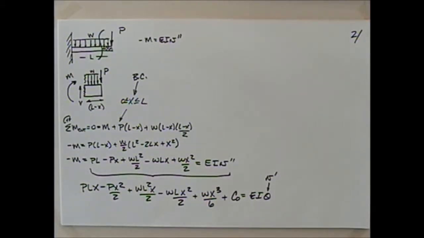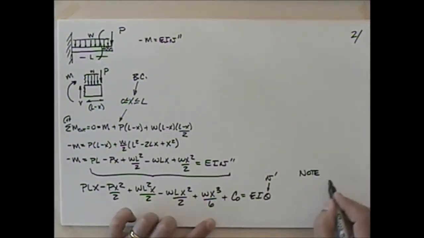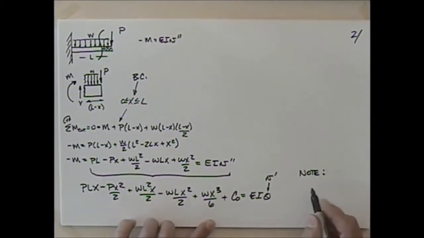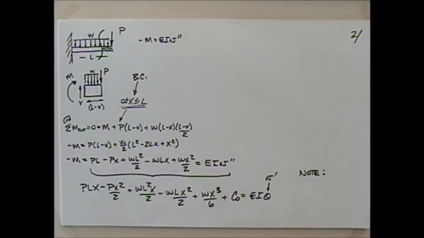So I might, at this point, apply a boundary condition. I can use boundary conditions over the entire thing. I know the slope back here.